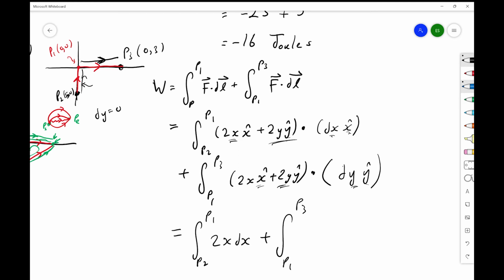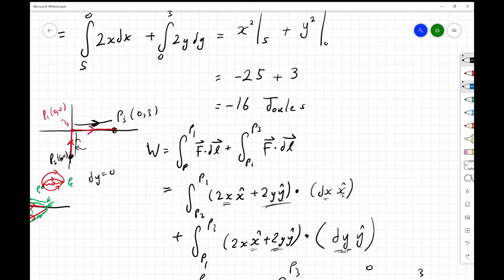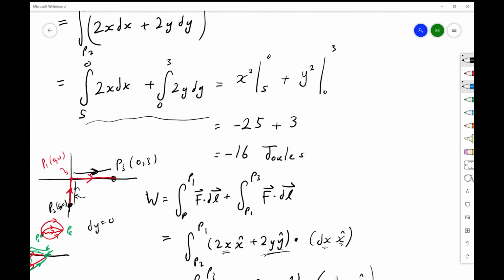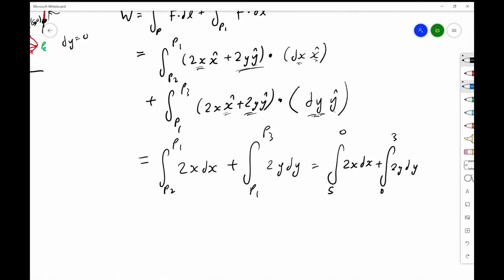So y hat component times y hat component is going to be 2y dy. So this is going to be the integral where x goes from 5 to 0, 2x dx, plus the integral where y is changing from 0 to 3, so from 0 to 3, 2y dy. And this is exactly the same thing we got here, right? So this is going to exactly give us the same result.